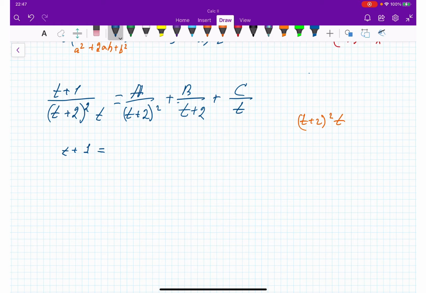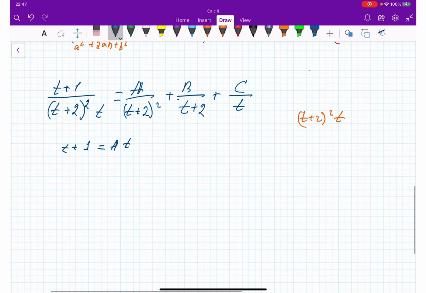On the right side, I will have a, because I have t plus 2 squared already. All I have to do is multiply by t, plus b times t plus 2, because I have only degree 1. I need squared, so I am multiplying by t plus 2 and then times t, and plus c times t plus 2 squared.